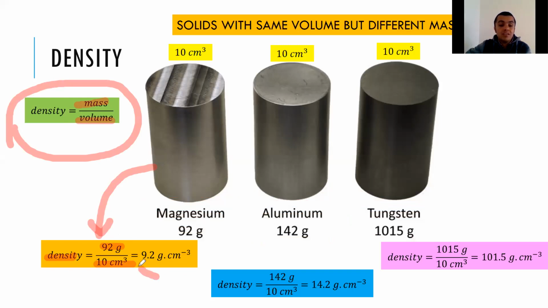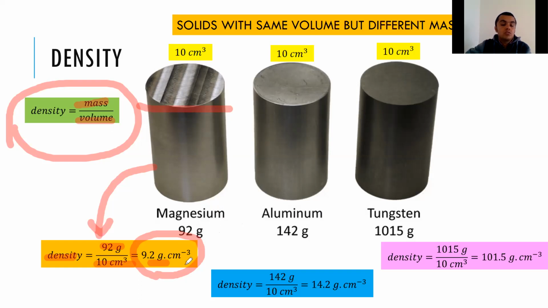So this one tells me that if I cut a piece of 1 cubic centimeter volume, what will be the mass? 9.2 grams. If I cut a 2 cubic centimeter piece, what will be the mass? 9.2 times 2?